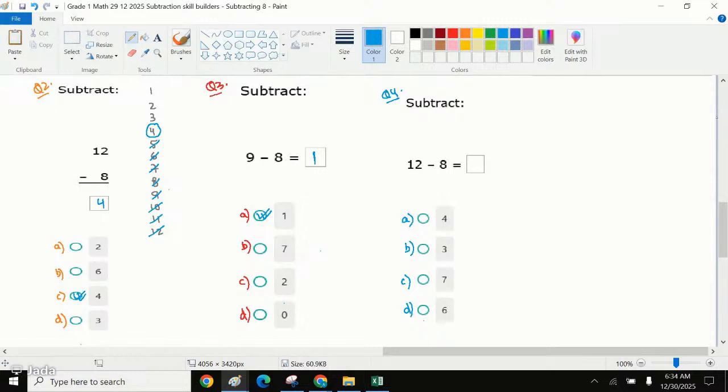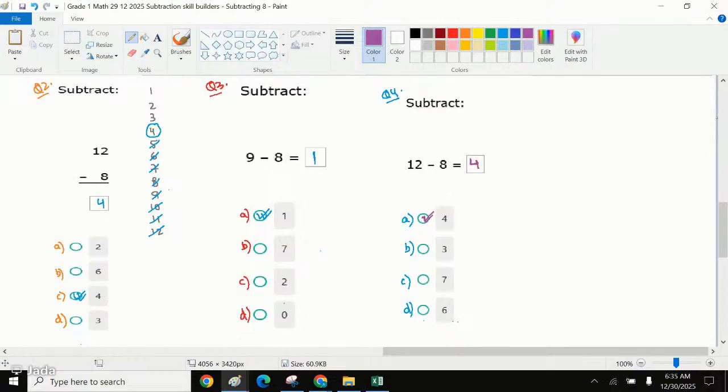We can still see the same question on the screen. It's a repetition, right? 12 minus 8 would be equal to 4. That means option A is the correct option. Okay, very good.